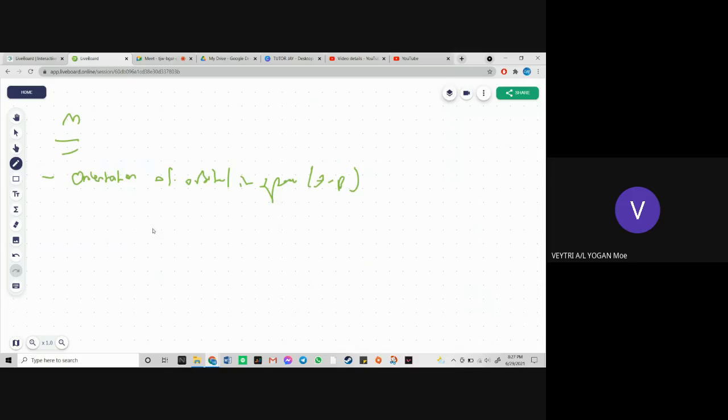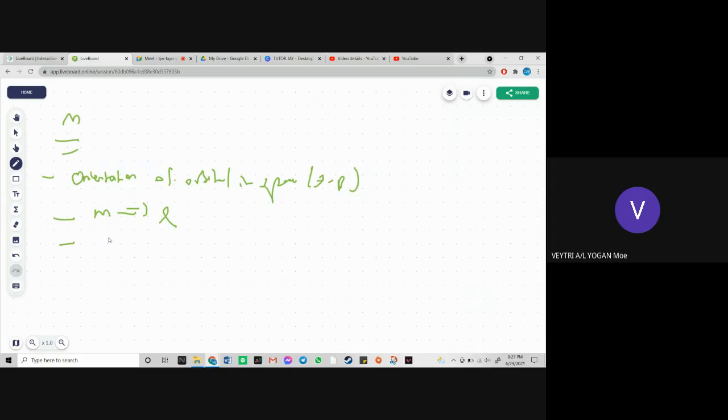The permitted values of M basically depend on the value of L. It's like a sequence. N has one value, L depends on N, because the value of L is N minus 1. Over here, M depends on the value of L. It's all dependent.